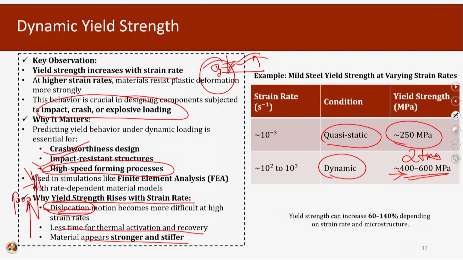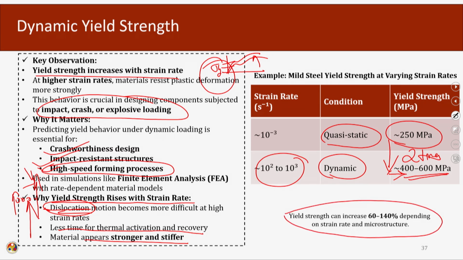Depending upon the rate of loading, the yield strength can be twice or even more than twice. So, there is a significant increase in the yield strength. That is why modeling the yield strength and getting a good estimate of the yield strength is very crucial in the dynamic analysis.